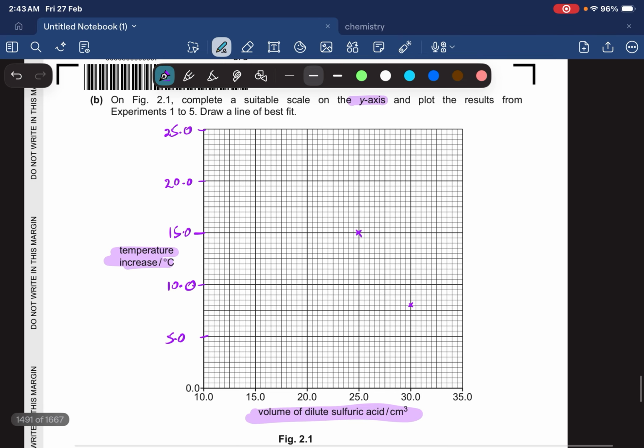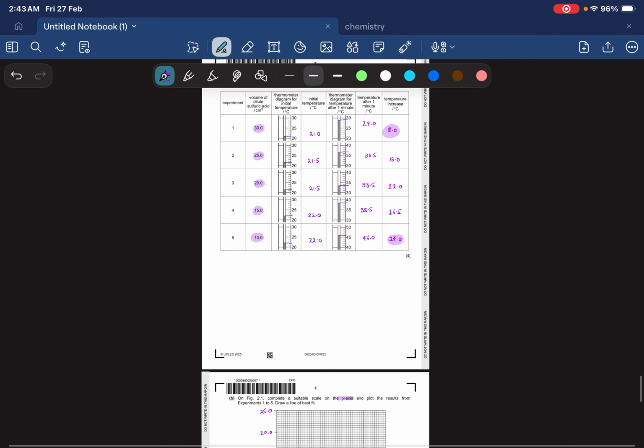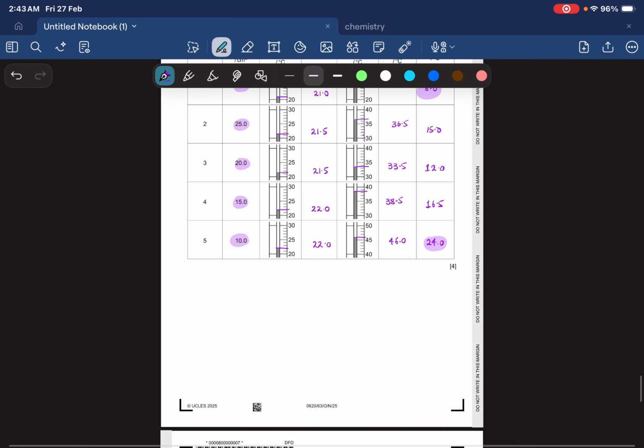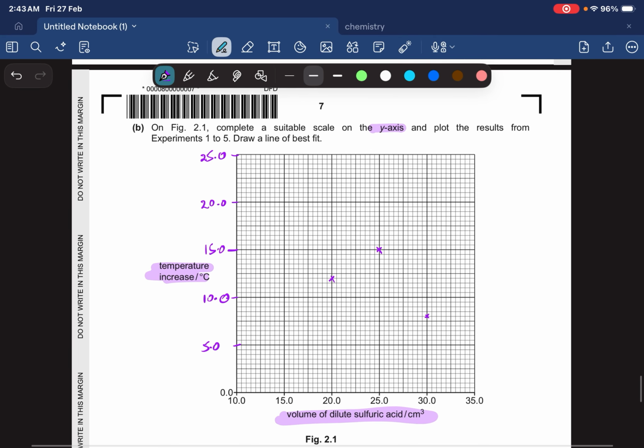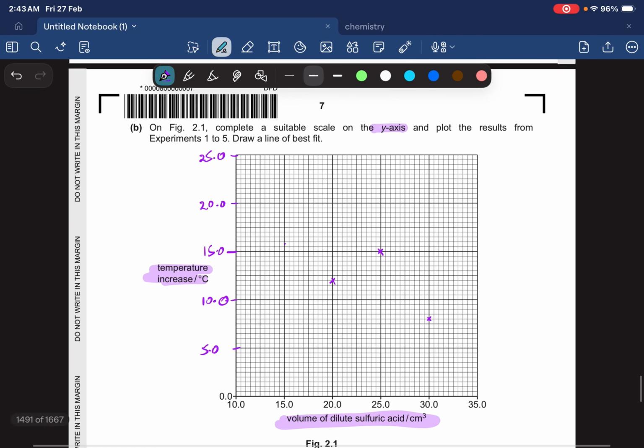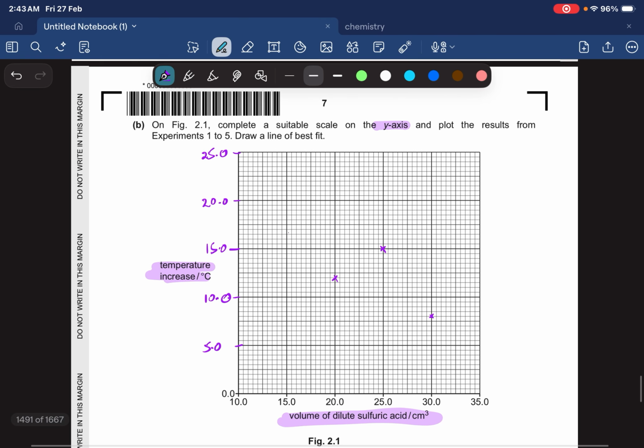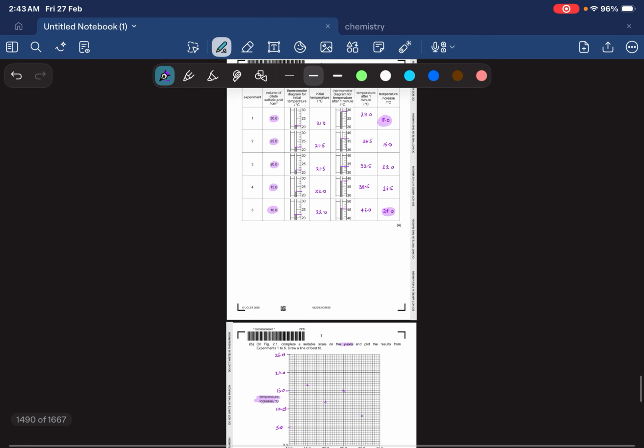20 and 10, 11, 12. Okay. And then we have 16.5 and 15. So 15 and 16.